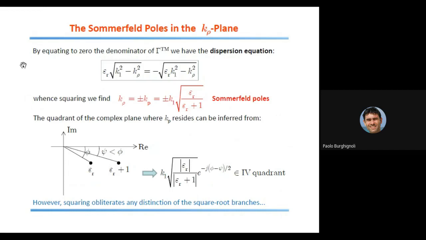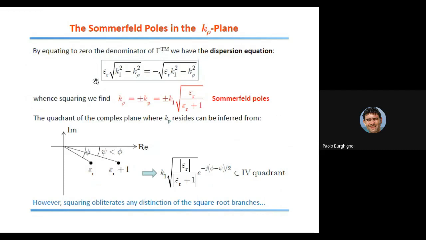Okay, having discussed the multivalued nature of the integrand, now let us say something about the occurrence of poles. Actually, it turns out that there is a single pair of poles, which is found by equating to 0 the denominator of the reflection coefficient gamma TM.